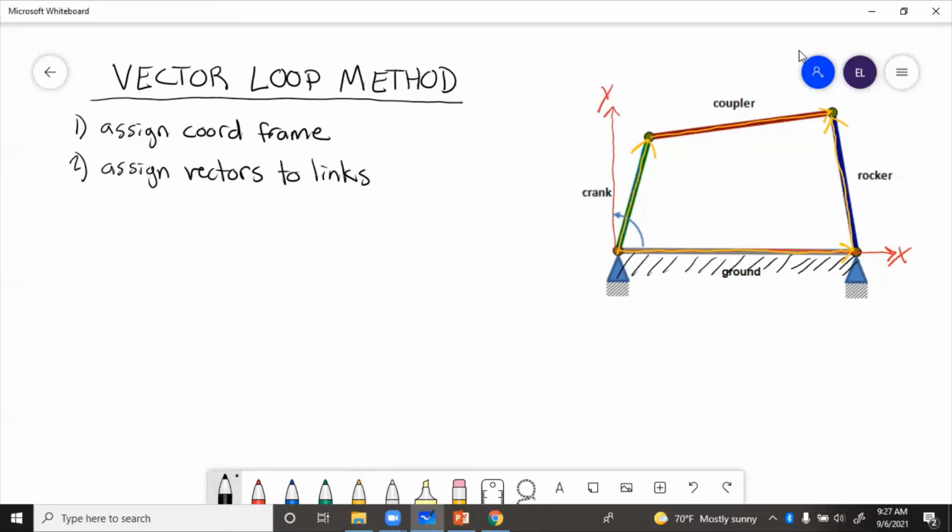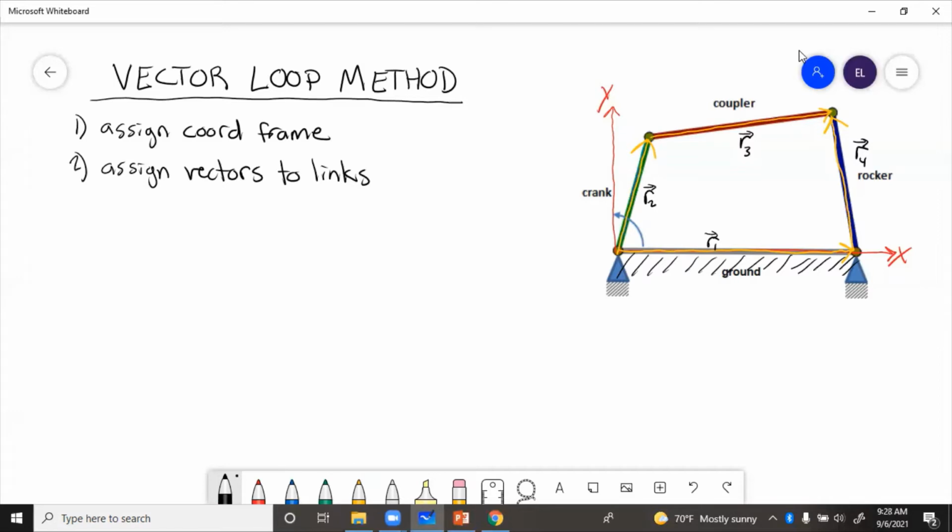So each of these arrows needs a label, so we'll number them. Say ground is R1, the crank, which is the input, is R2. The coupler then is R3, and the output rocker is R4. Now we could have named these in any order or put the arrows in any direction as long as we just connected the dots of all the joints.